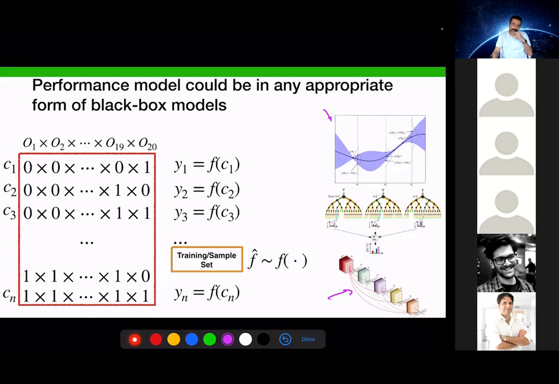But typically you can use any sort of black box model to give you an approximation of the underlying performance behavior. So F is the underlying performance behavior, the true performance behavior. F hat is the approximation that you can get based on limited data and the particular expressive power that you get from this black box model.